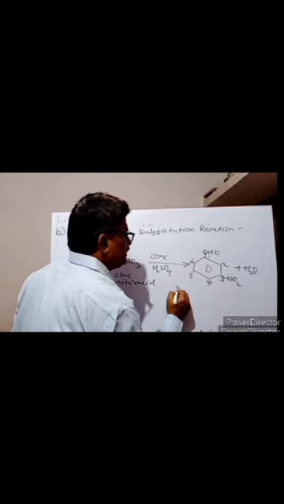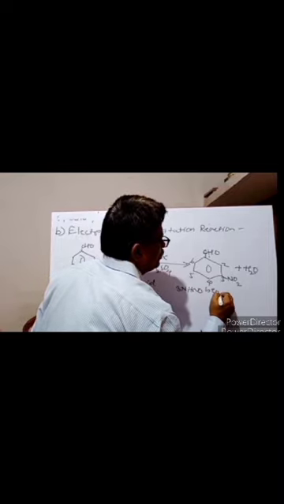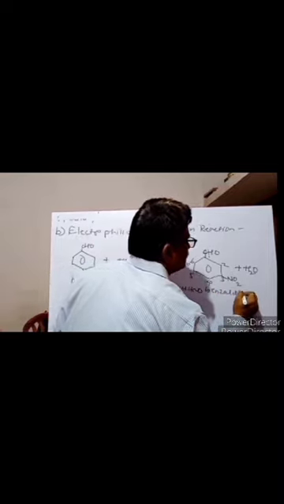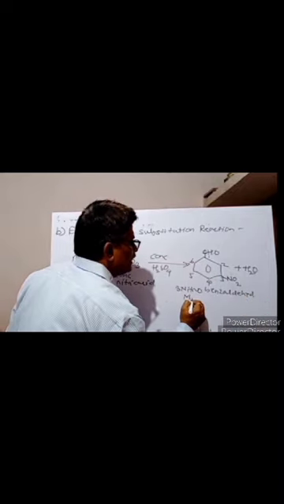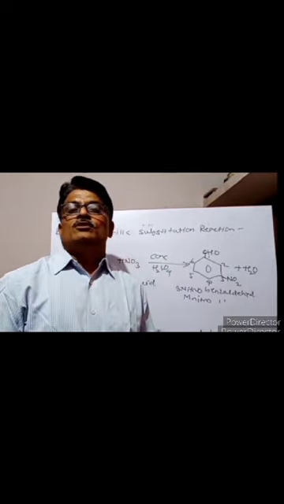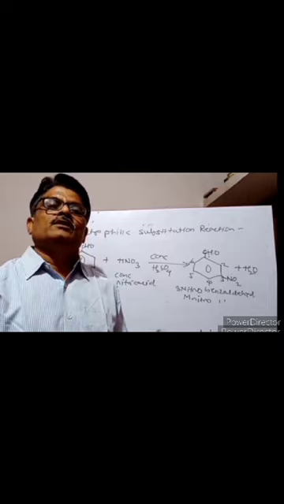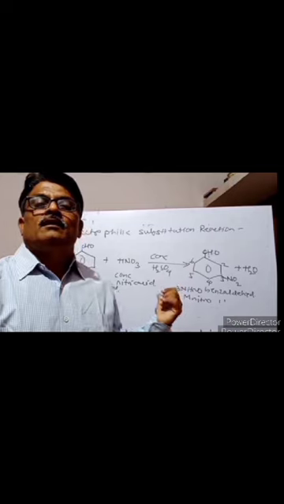This is called 3-nitrobenzaldehyde, or it is also known as meta-nitrobenzaldehyde, which is formed. Similarly, the halogenation and sulfonation of aromatic aldehyde and ketone takes place.